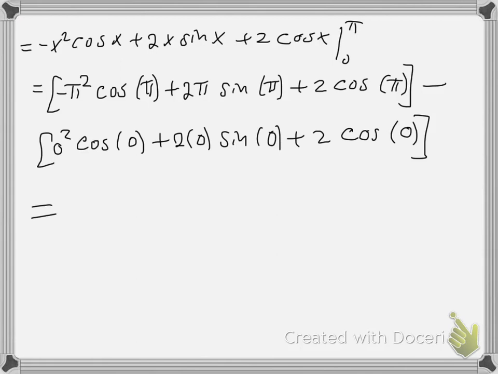Now we know that the cosine of pi is negative 1, so I'm going to get negative pi squared times negative 1. The sine of pi is, of course, 0. So this is going to be plus 0. And the cosine of pi, again, is negative 1. But with the 2 in front, I'm going to get negative 2.